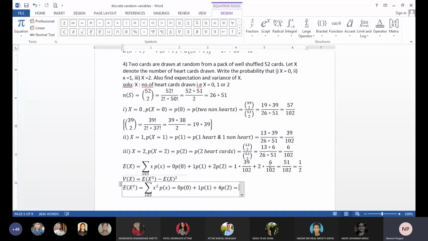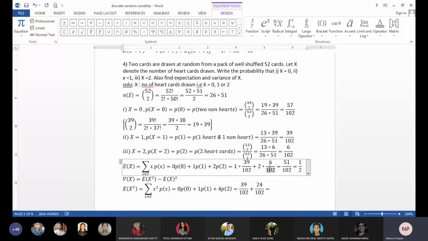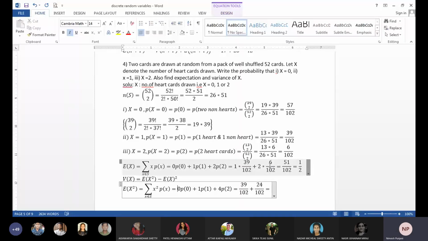So 4 into p of 2. So this will be again 39 divided by 102 plus 4 into 24 divided by 102. So this is how much? 63 upon 102. Okay, 63 upon 102.